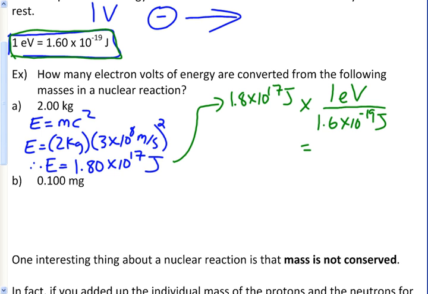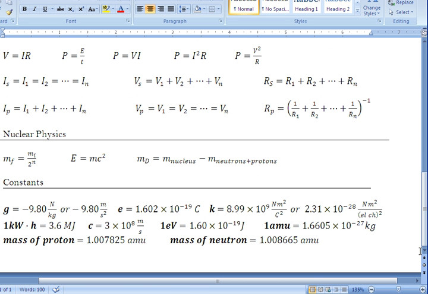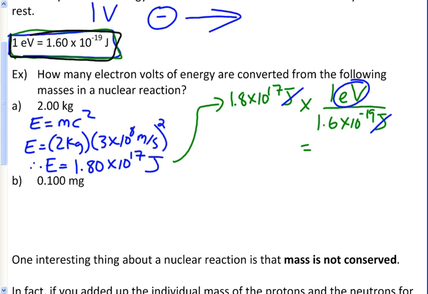Basically what I'm doing here is dividing, because when I multiply this off, my joules will cancel off, and I'll be left with electron volts. I got that from right here, and just for the record, that number is on our formula sheet as well, I'm pretty sure. Just double check. Yeah, 1 electron volt is right there: 1.60 times 10 to the negative 19. So if you guys could let me know what I get for my energy value in electron volts, that would be great.